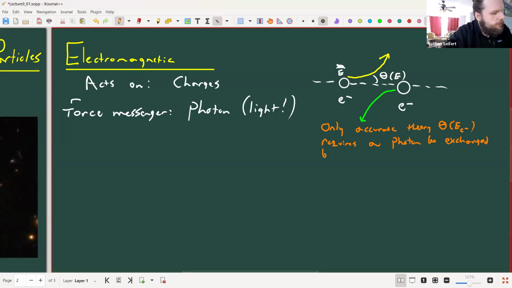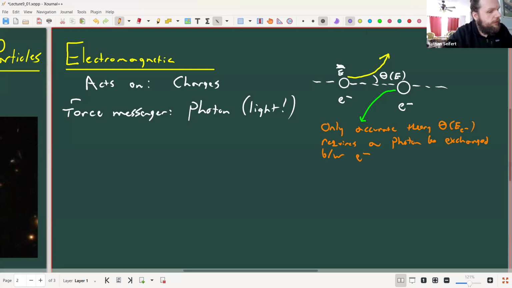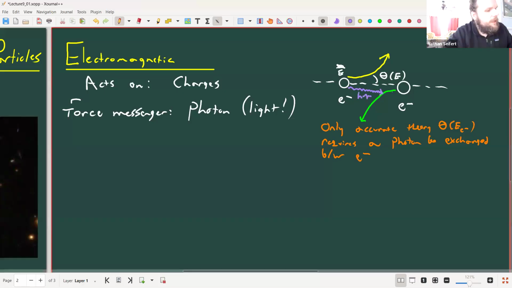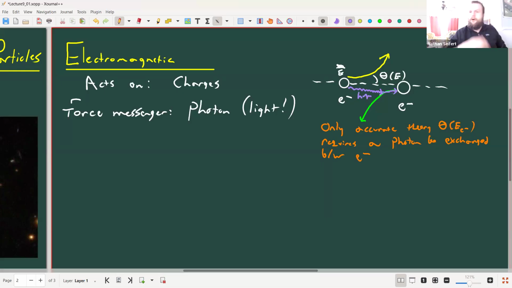between the electrons. So what happens is the deflection can only occur if a massless object, a photon, which is just a light particle, is exchanged between them.